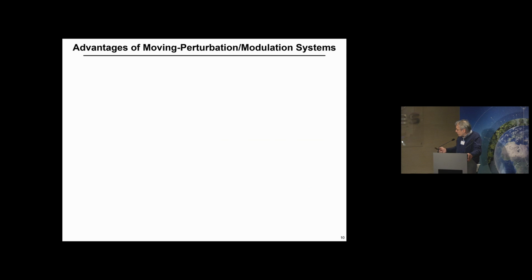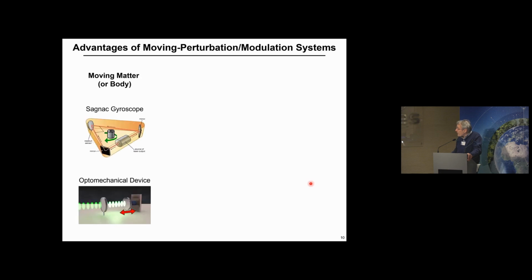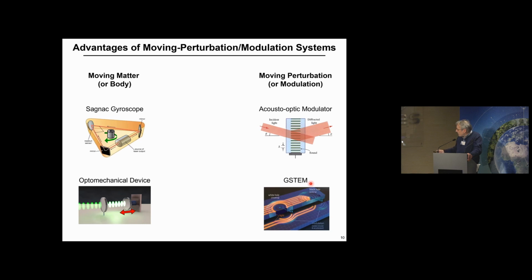Now, the moving perturbation is practically more interesting for microwave, terahertz and optical technology than moving matter. Let's look at some examples. In moving matter, you have Sagnac gyroscopes and optomechanical devices. On the other side, I mentioned already the acousto-optic modulators and the GSTEMs that I will present.